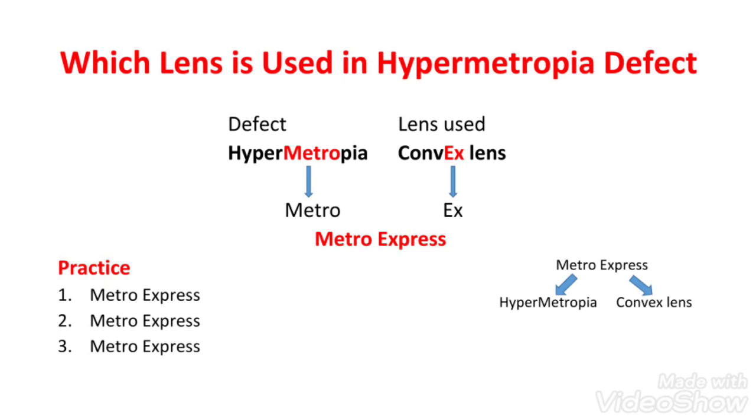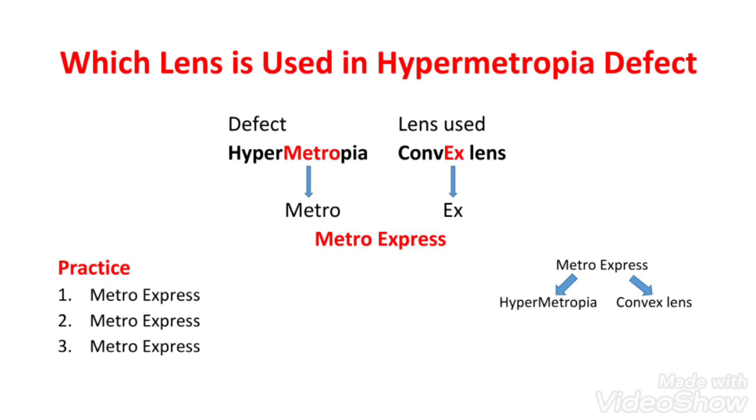Now move to the second topic, hypermetropia. For this defect, the lens to use is convex lens. To remember easily, I am taking metro from hypermetropia, a familiar word, and for convex I am taking X. If you observe the slide, you can easily understand metro X. I am taking one meaningful word, metro express.